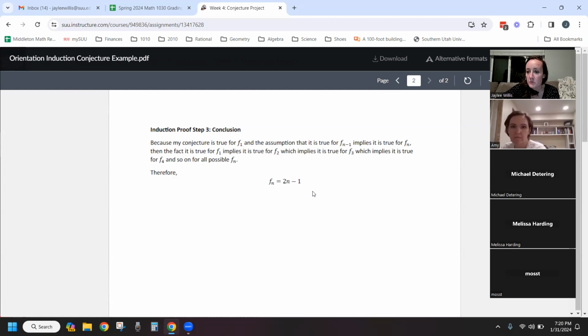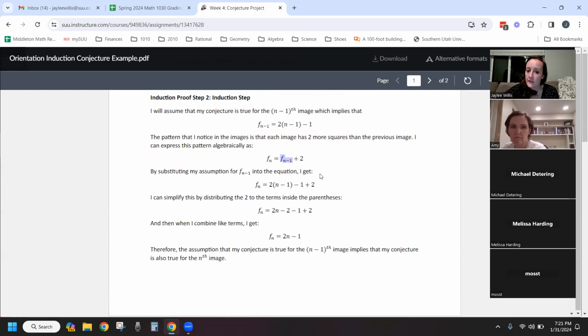Therefore, my conjecture is true. So the conclusion is just explaining the domino effect of why the induction step proves that your conjecture really is true for everything.